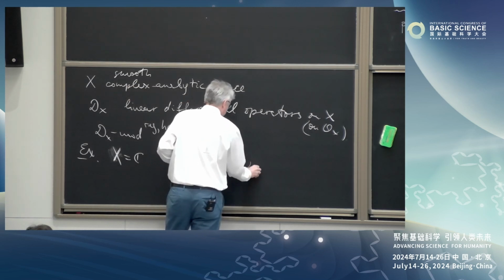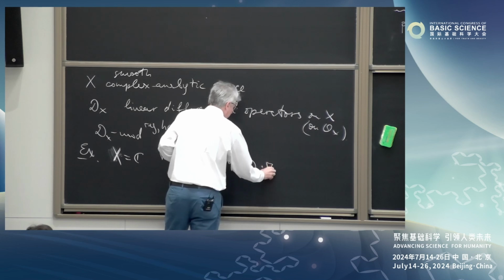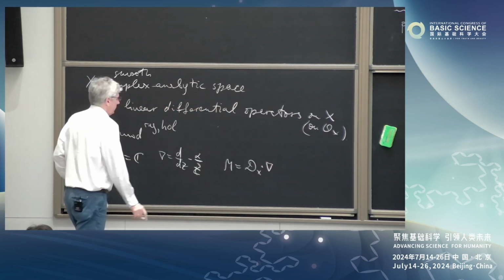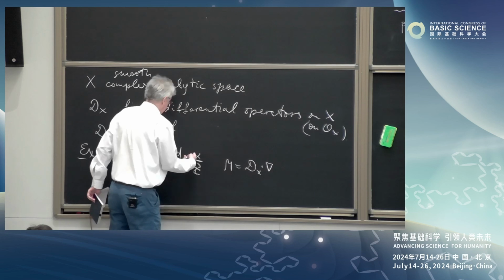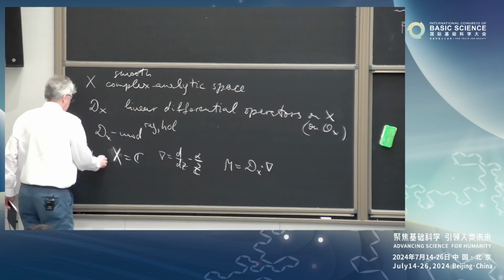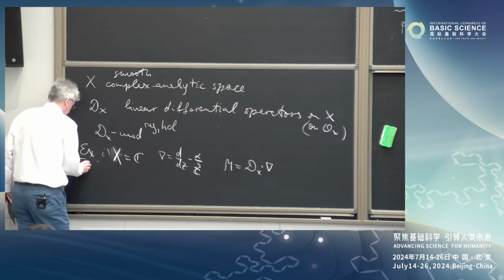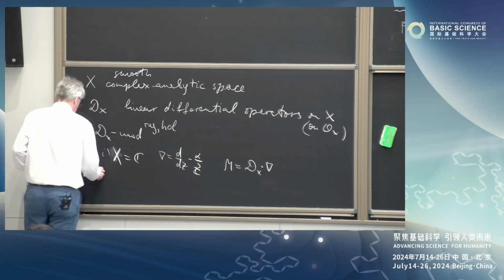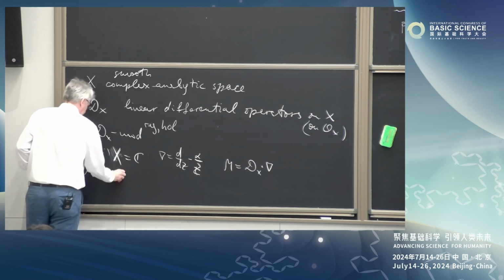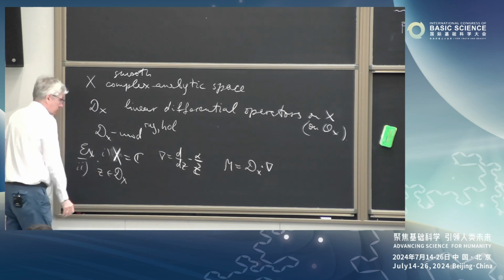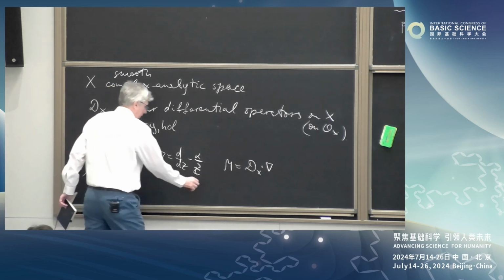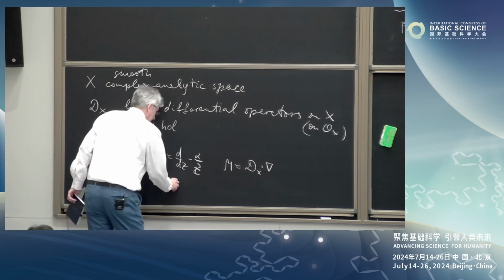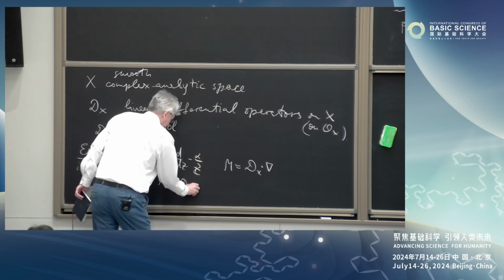It has the form of D_X multiplied by nabla, so to speak. Even though nabla is not in D_X itself, but this makes sense. And the other example is just take z itself as a differential operator of degree 0. So the module M here is D_X multiplied by z.